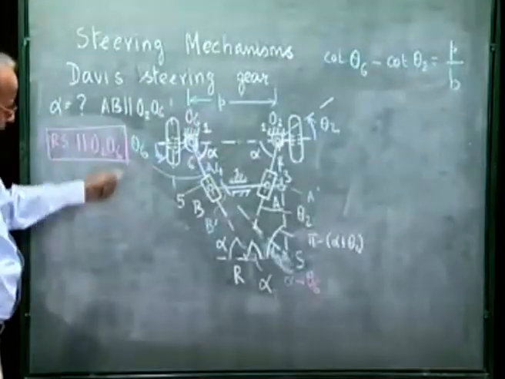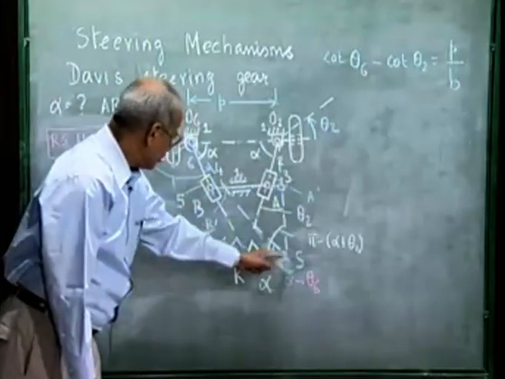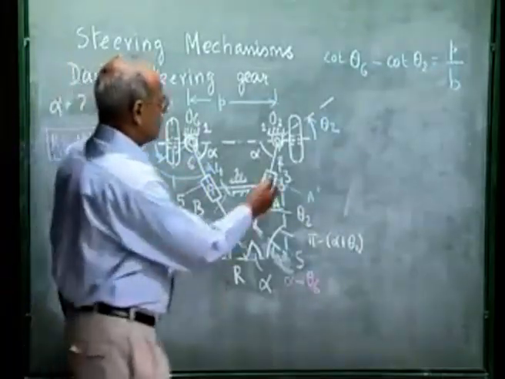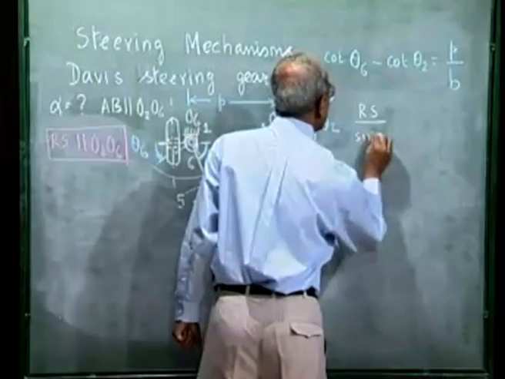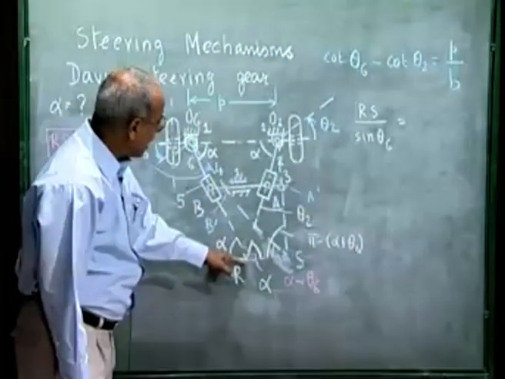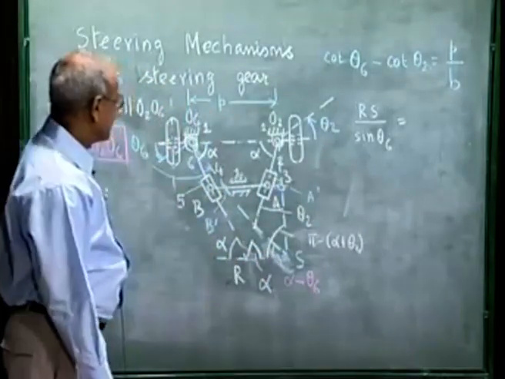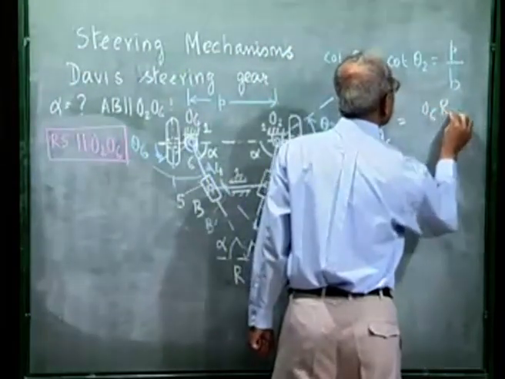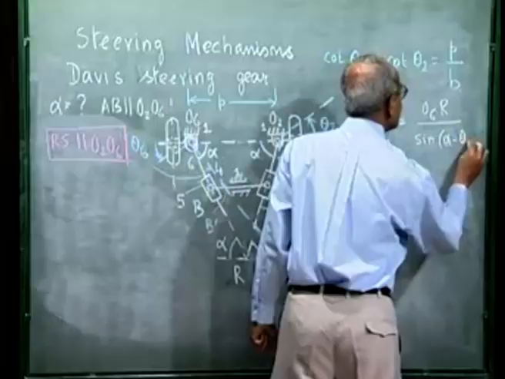Now we use the triangle sine law for this triangle, namely O6RS. We can write RS by sine of theta 6 is the same as O6R divided by sine of this angle, which is alpha minus theta 6.